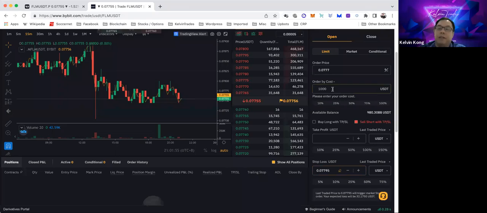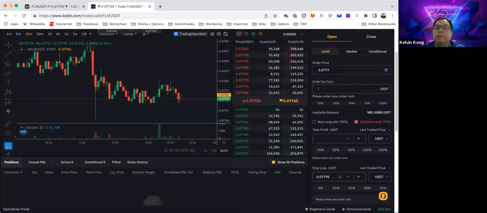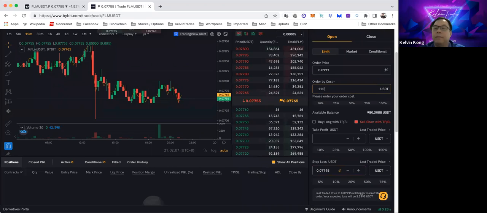So very simple, just play around with the figure here until this figure is $50. Based on this setup, you can't pay more than $1,550 for the trade, because anything more than that, you will exceed your $50, your 5% rule.